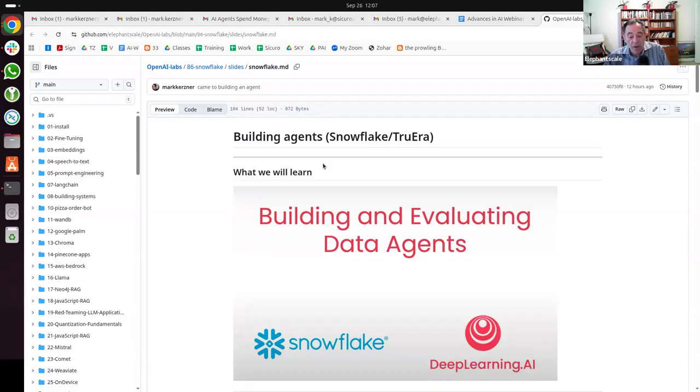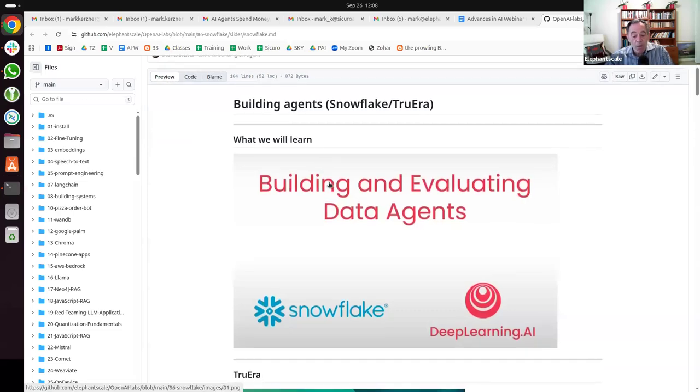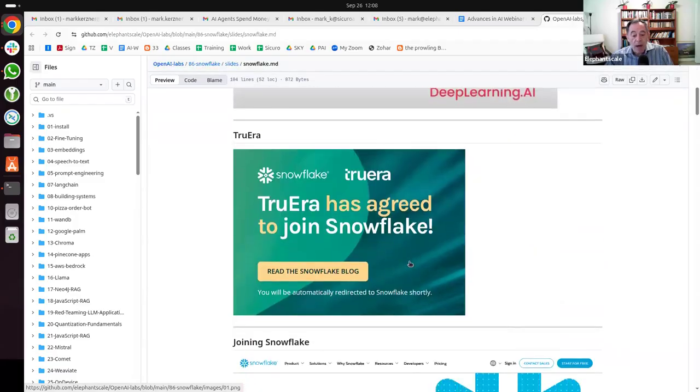Because Snowflake is very big and it is very popular with a lot of enterprises and with a lot of venture capitalists. So they definitely have the weight. But what are they telling us? Okay, as it turns out, they are not really doing anything.